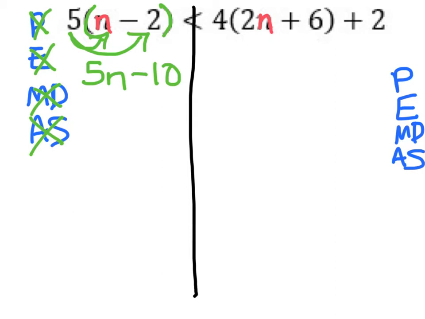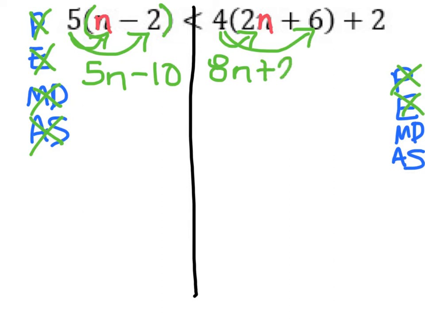And same situation with our parentheses. We have a constant and a variable, so they can't be combined. No exponents, and we do have a multiply. 4 times 2n is 8n. 4 times 6 is 24, and it's positive. And we can't forget to bring down this plus 2.